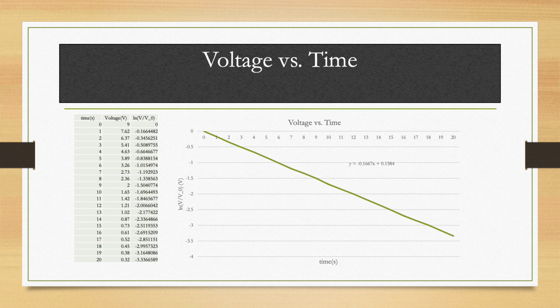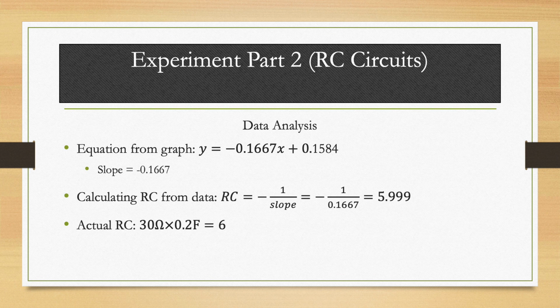For this part of the experiment, I used a 30 ohm bulb and measured the voltage across an interval of 20 seconds. When plotting the data, I used the formula from earlier in order to get a linear graph. The data from the graph gives us an equation of negative 0.1667x plus 0.1584. The slope from this equation is negative 0.16667.